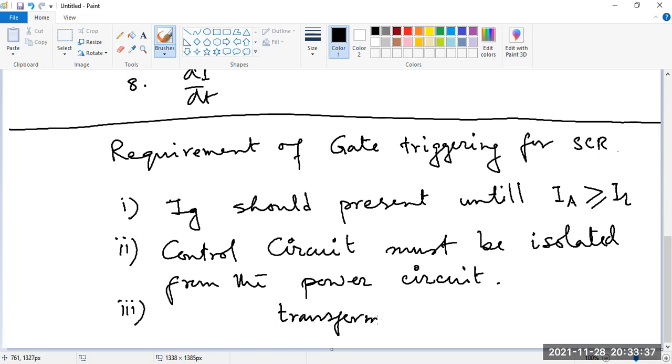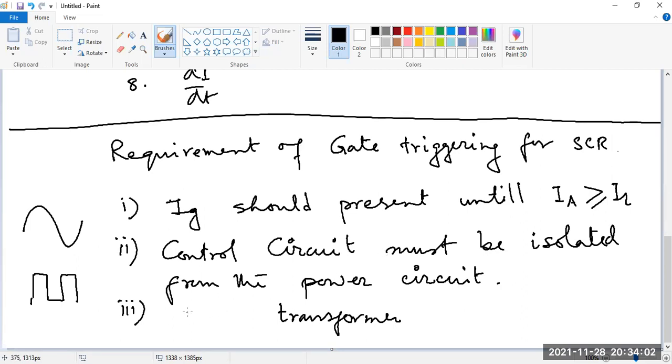What type of transformer do we generally use? Here the signal is not AC, because a transformer is generally designed for an alternating waveform. But here a pulse will come, maximum one or two pulses, and you have to give the isolation.